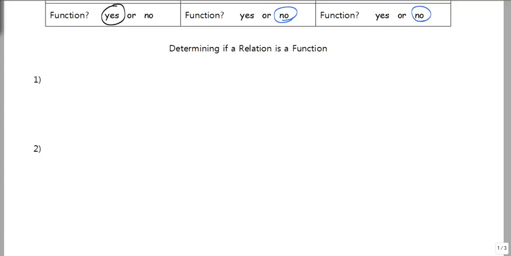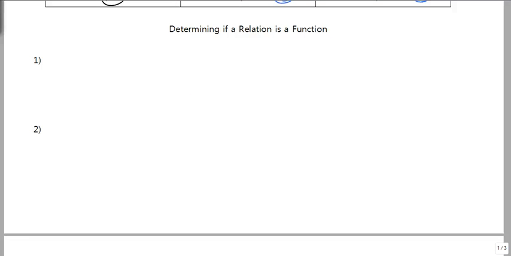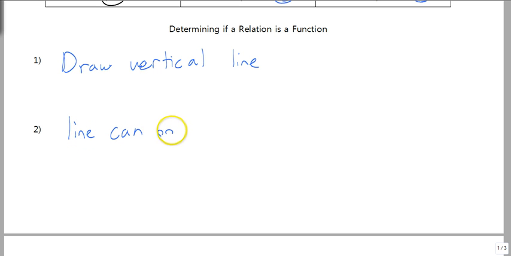And to determine if it's a function, there's just really two things you have to do. Draw a vertical line. This is called the vertical line test. And then the line can only hit the graph at one point for each function.